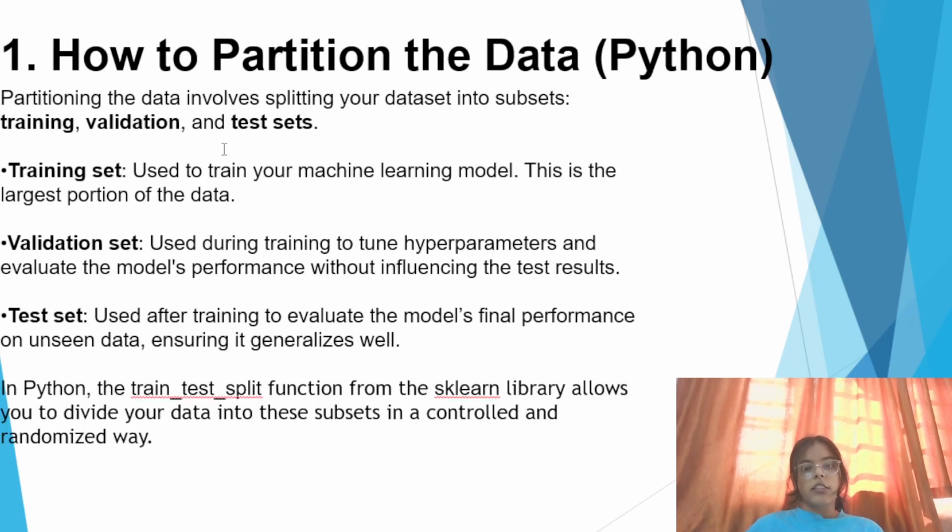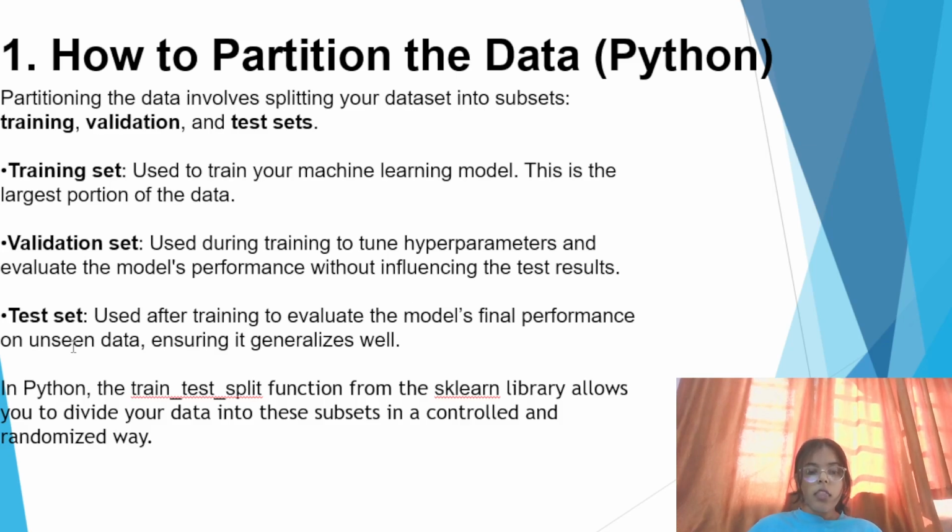So, first is how to partition the data. Partitioning the data involves splitting your data set into subsets: training, validation, and test sets. Training sets are used to train your machine learning model. This is the largest portion of the data. The validation set is used during training to tune hyperparameters and evaluate the model's performance without influencing the test results.